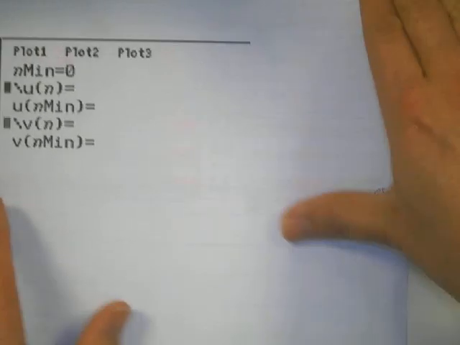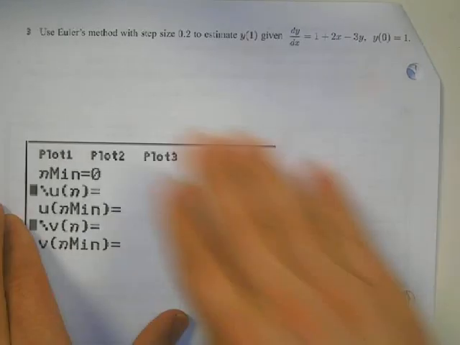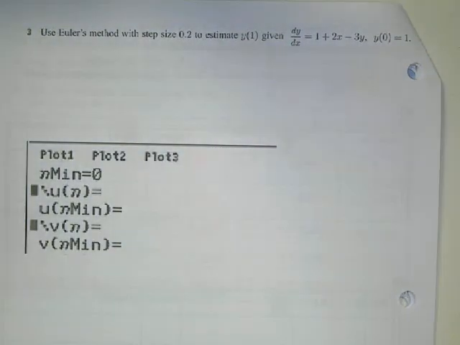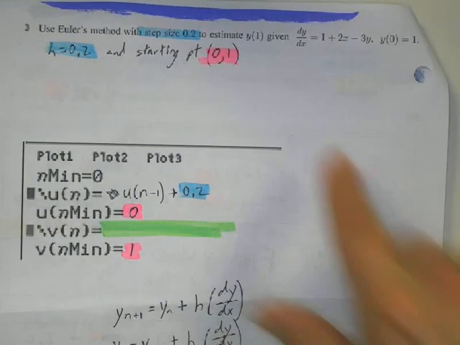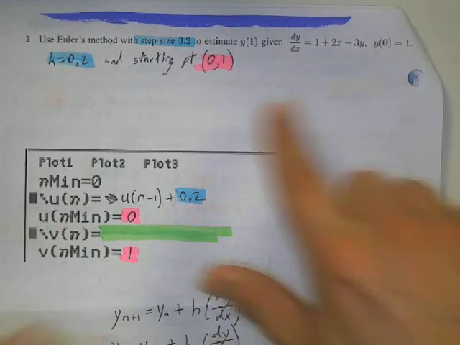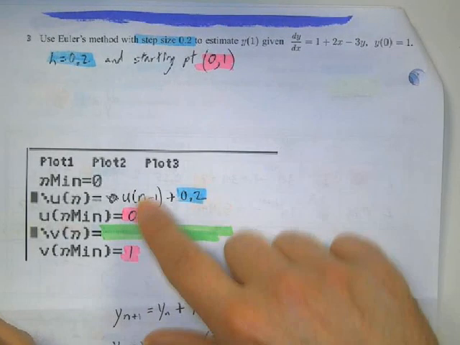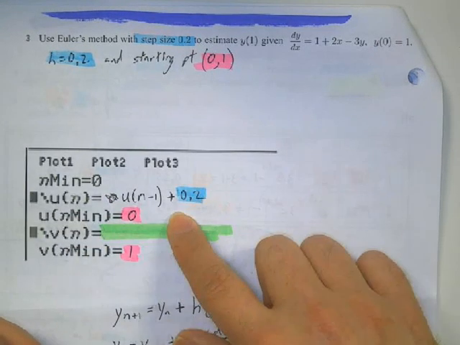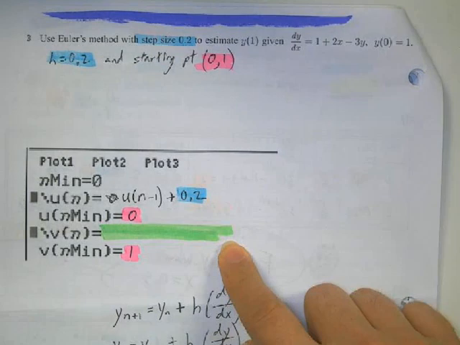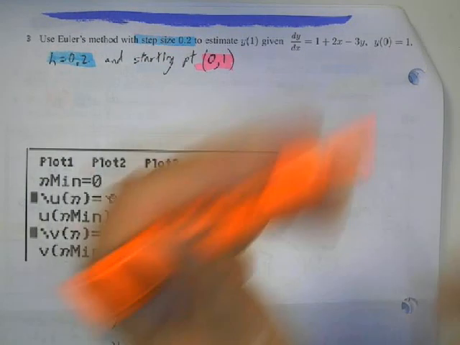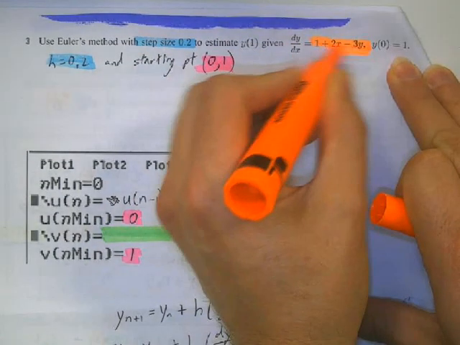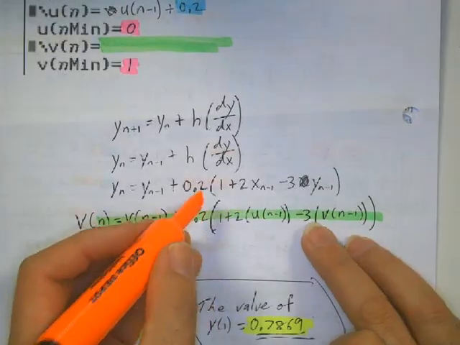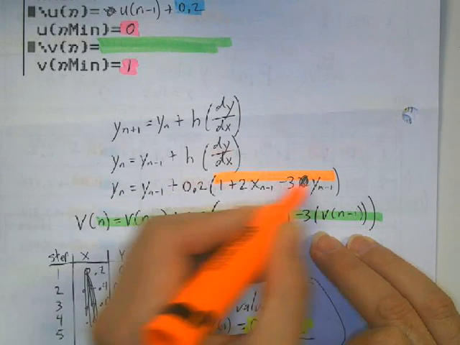Okay, so the next one is example 3. Hit pause. We know our starting point is 0, 1. So I'm going to put the 0 and the 1 there. We know my step size is 0.2, so we're going to have that here. And then we need to figure out what goes here. Remember that our derivative is this. Using this formula, we're going to rewrite our derivative like this.